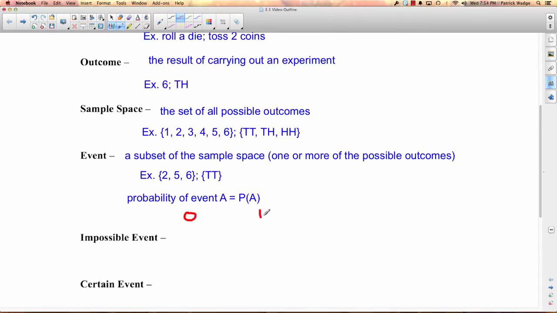If we're talking about percents, it's 100%. So 0 is less than or equal to P(A), which is less than or equal to 1. What that means is the probability of some event is greater than or equal to 0, and also less than or equal to 1. It's between 0 and 1, and it could be 0 and it could be 1.